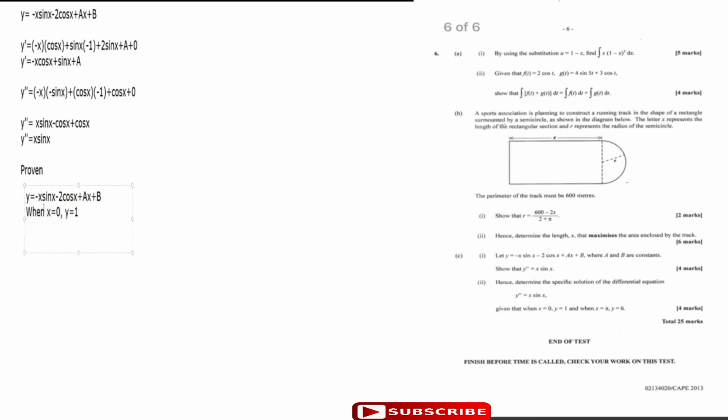What we're getting is 1 is equal to x is 0, so that part works out to be 0, minus 2 times the cosine of 0, plus a times 0, plus b.